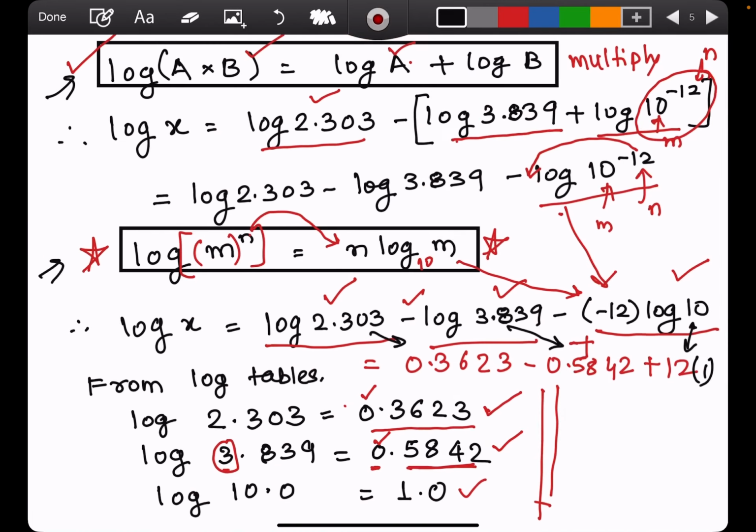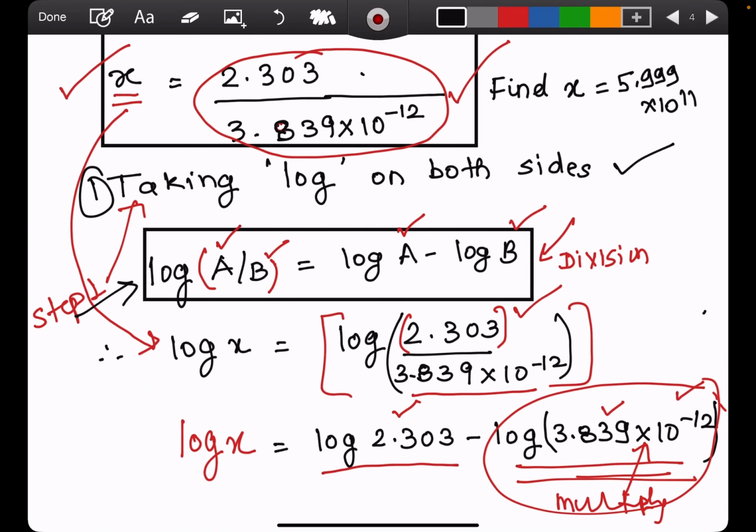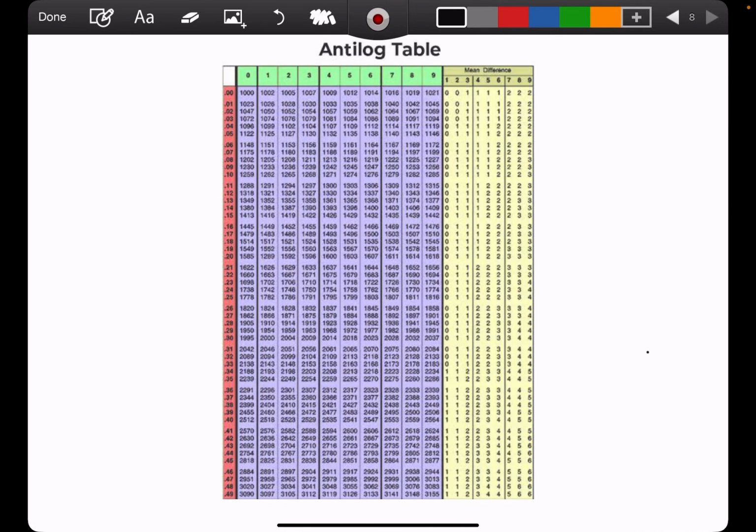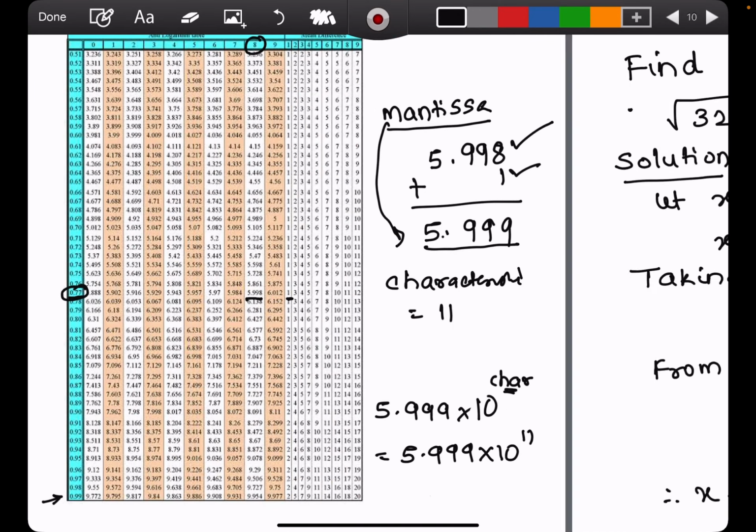I hope you would be in a position to solve a numerical which involves division, multiplication, and indices. Only a quick recap: you need to know these three basic things. I'll rewrite them.